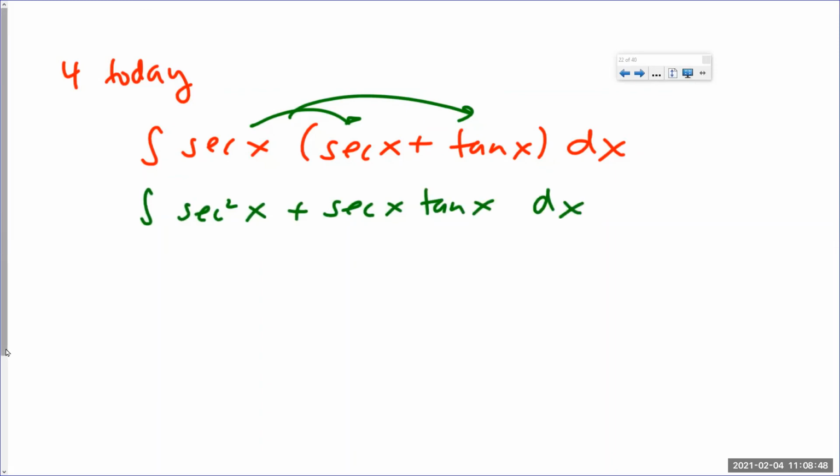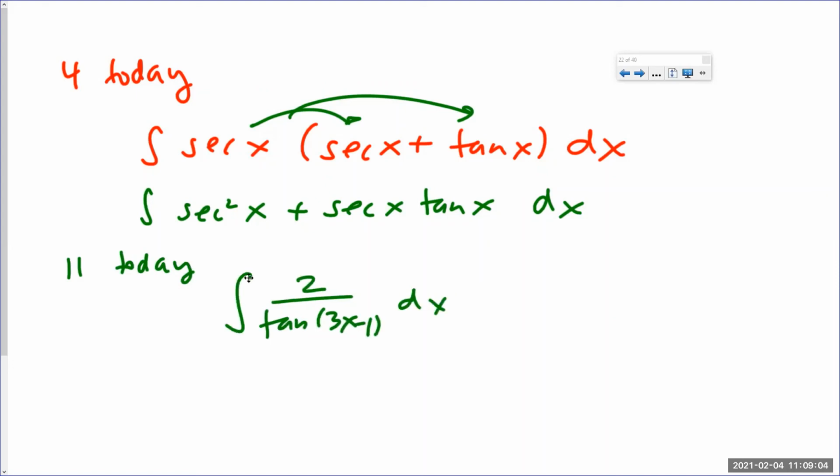Are you not okay? Number 11. Okay, number 11. Now I'll give you guys some hints. Let's see, this is 2 over tangent 3x minus 1 dx. Yeah, this is definitely not on your formula sheet, right? 1 over tangent. But what is 1 over tangent? Cotangent. Okay, so if 1 over tangent x is cotangent x, what's 1 over tangent 3x?